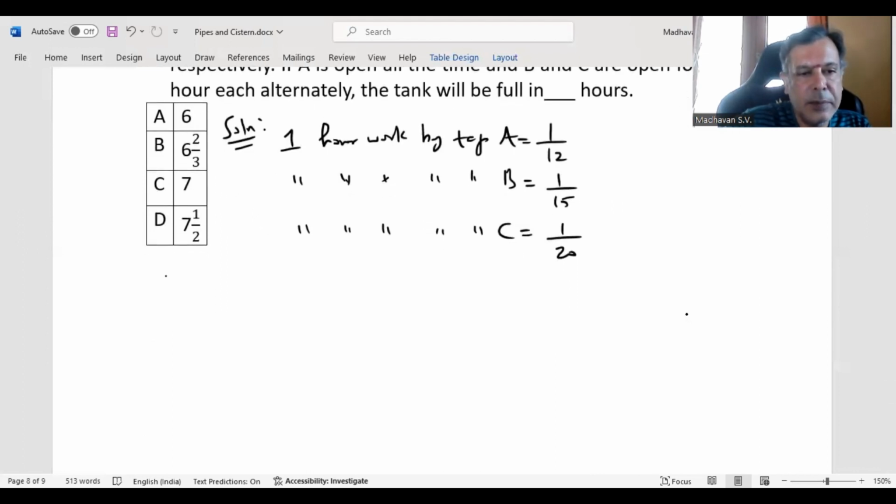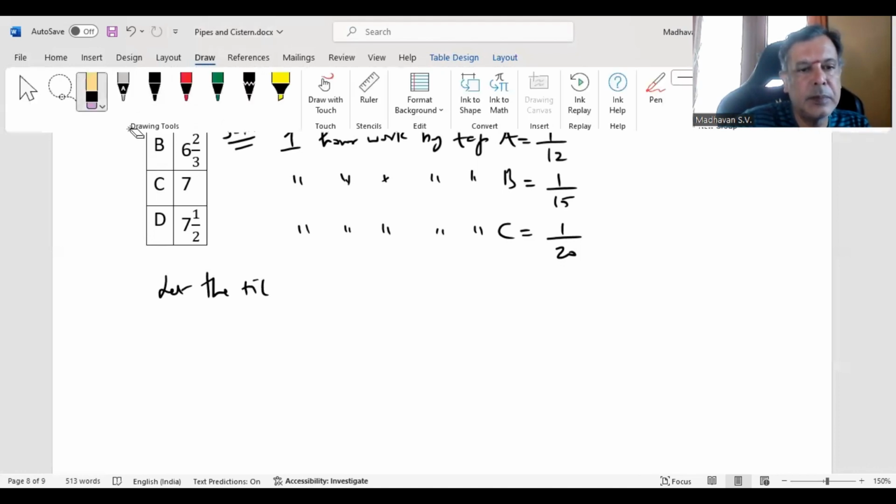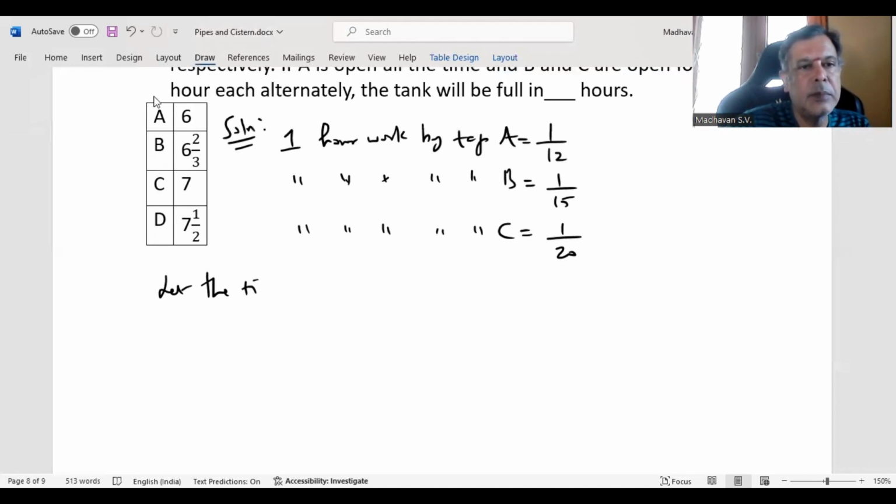Now, let the time taken to fill the tank equal to X hours, we are assuming.